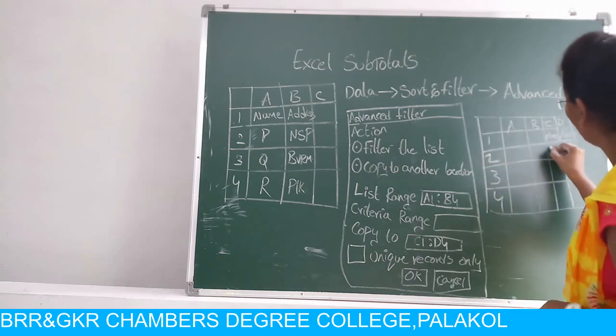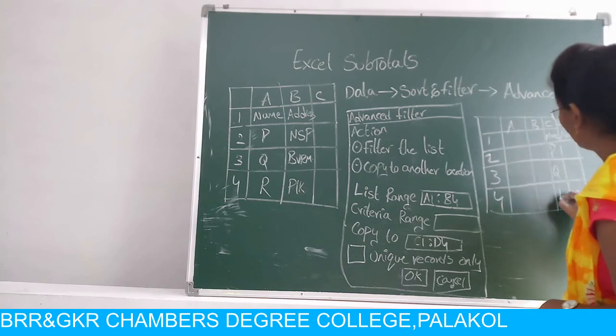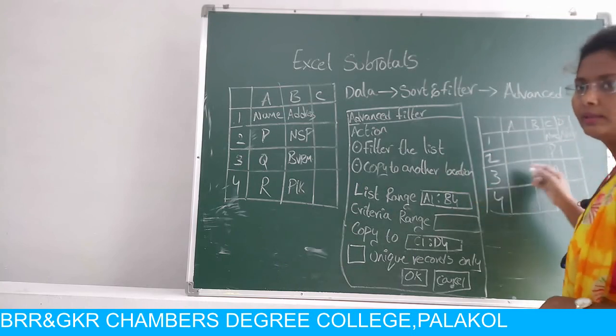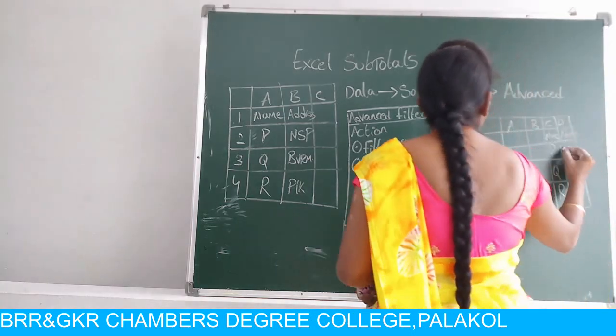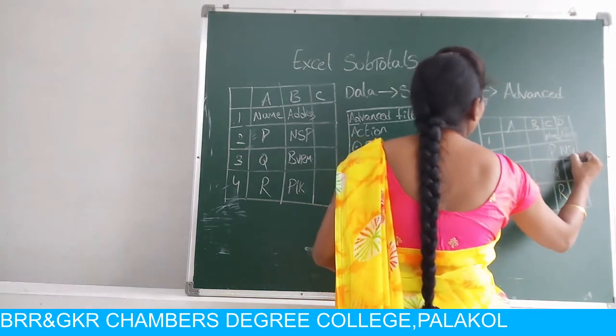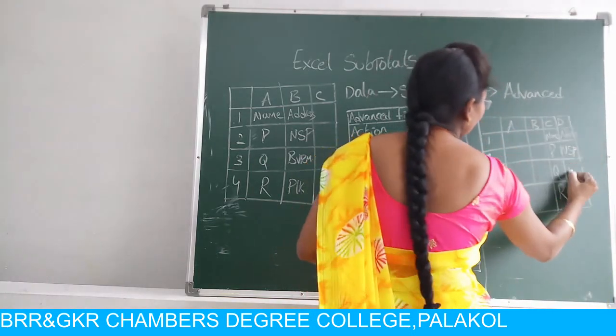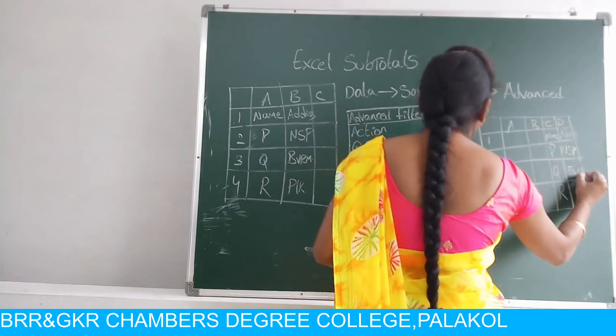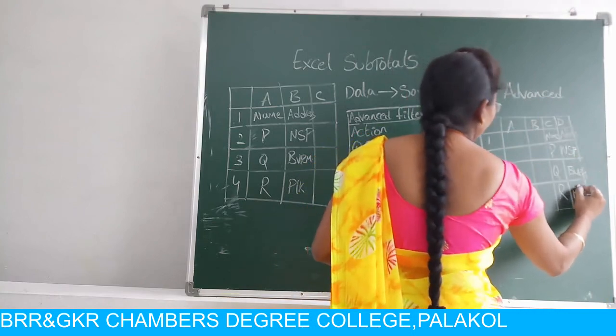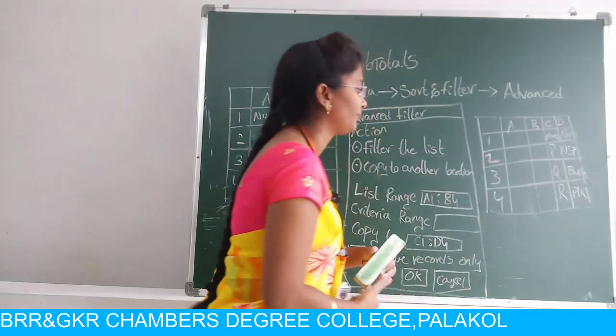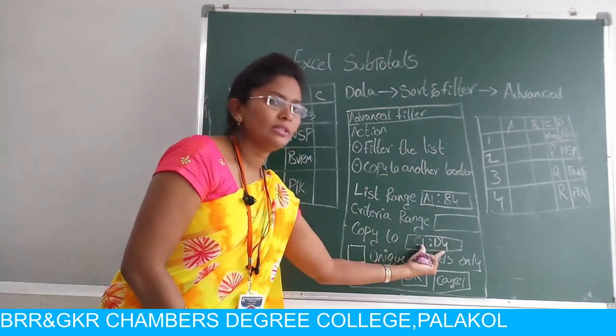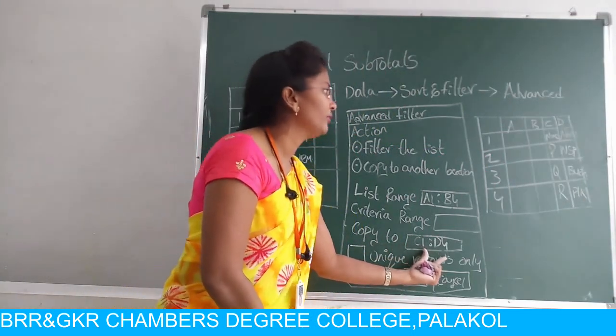And here P, Q, R, and then the address is NSP and BVRM and then PLK. Here the reference is C1 to D4.